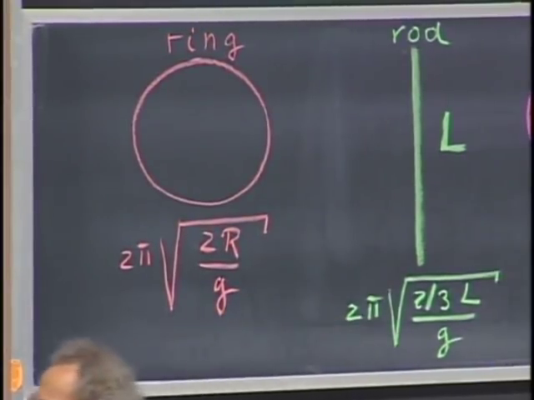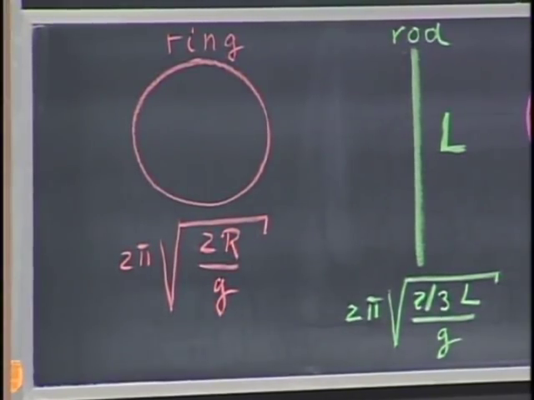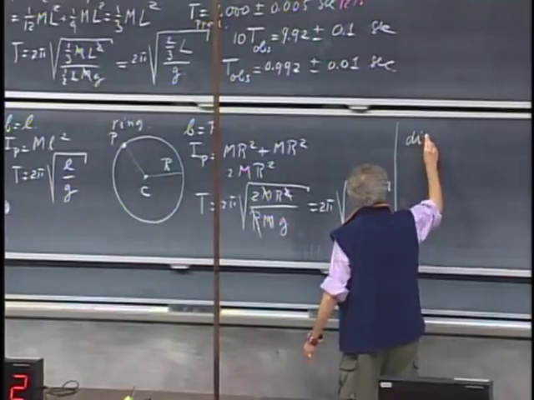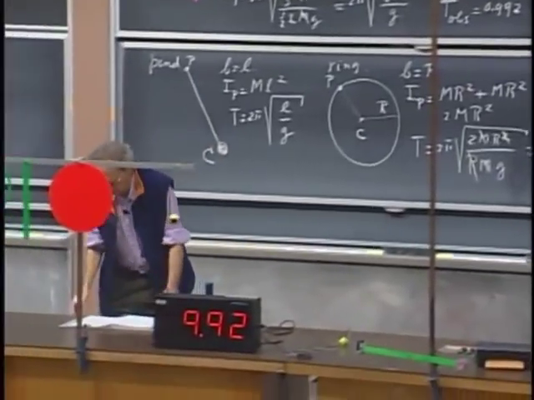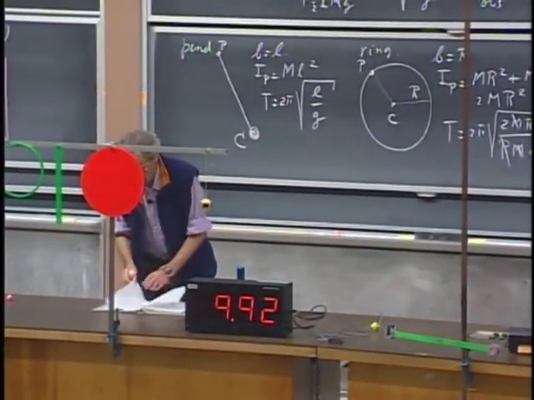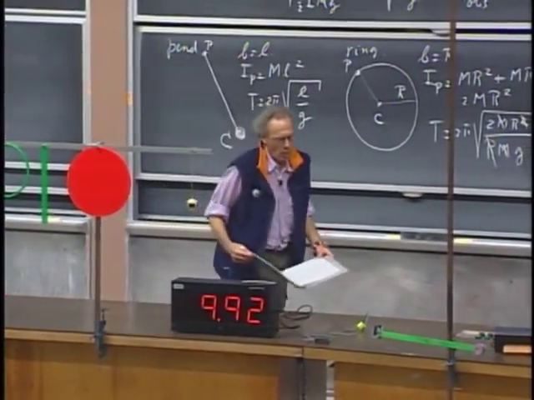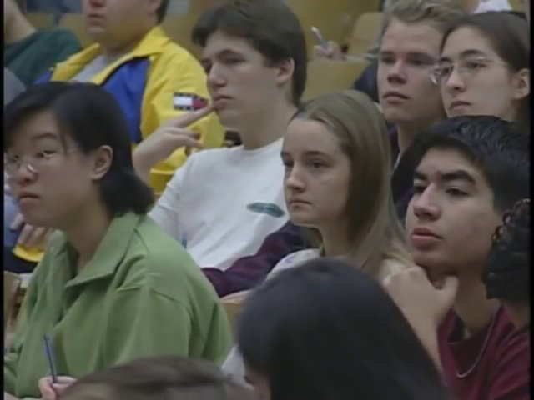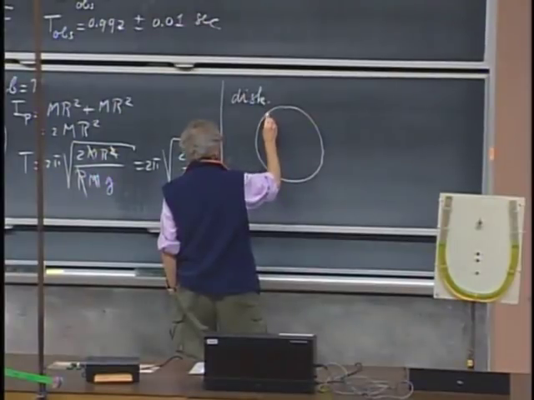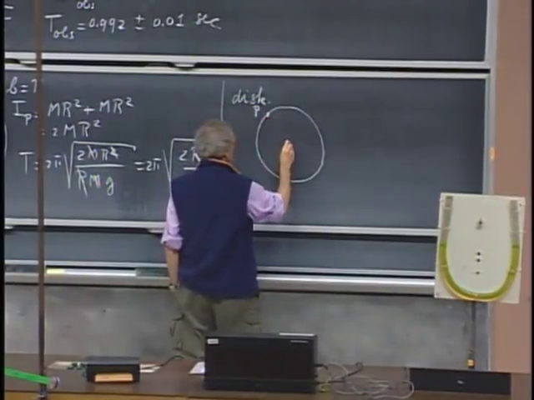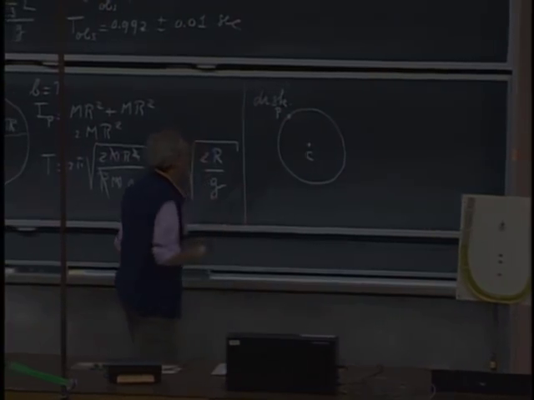I just want to finish them all. And I now would like to do the disk, last but not least. For the disk, all we have to do now is calculate the moment of inertia. So here you have the disk, solid disk. This is point P, this is the center of mass, but now it's solid.